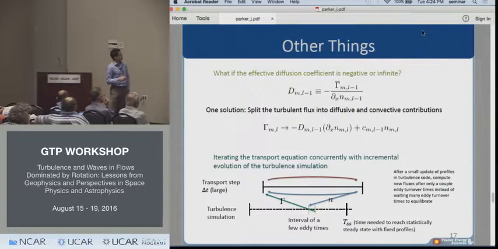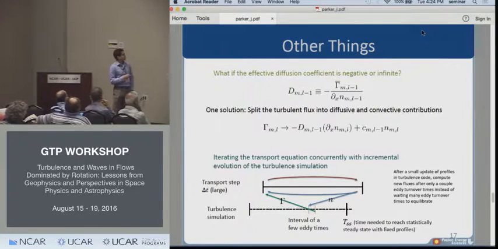And then I want to just spend a few moments talking about why this is computationally advantageous and how we can take a transport time step with not much more than the time it takes to run a standalone turbulence simulation. So consider this loop where you've got a turbulence code running. You calculate some kind of flux.